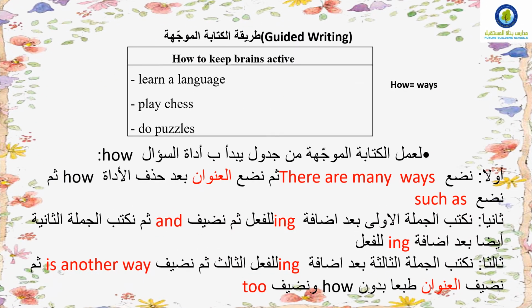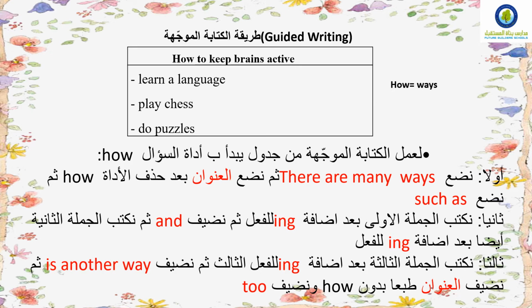As you can see, this is the form of the guided writing: you have a chart and a title, then you have 3 points or 3 verbs. Yes, you will make them into sentences.